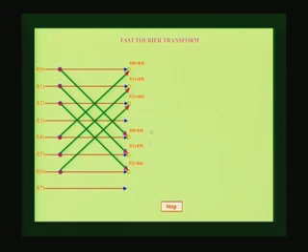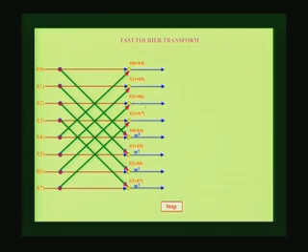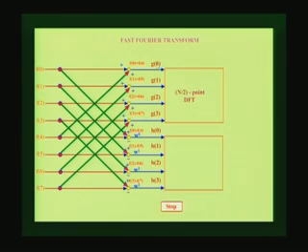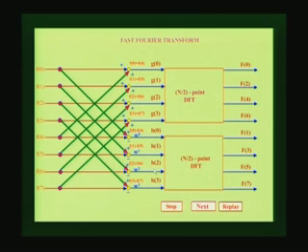You do this for all the function values: f0, f4, f1, f5, f2, f6, etc., and then you get these two sets. This is what we call G0, G1, G2, G3, and this we will call H0, H1, H2, H3. Then you do an N by 2 point discrete Fourier transform here, which would give us the Fourier transform of all the even k values here and all the odd values here.